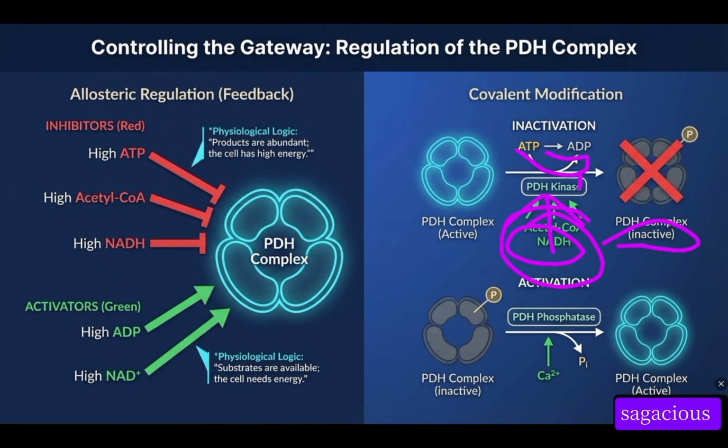And when the phosphate group is added, this pyruvate dehydrogenase is now inhibited, inactivated. But pyruvate dehydrogenase phosphatase removes the phosphate group, making it activated. Remember, all these things are MCQ questions. Don't forget these things. That's why I am emphasizing them.